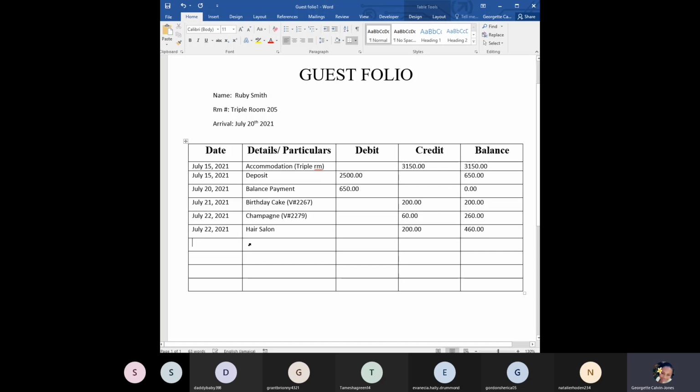All right, so what's the next thing? Massage for the girls. On what date? The 22nd of July. And what's the amount attached to that?